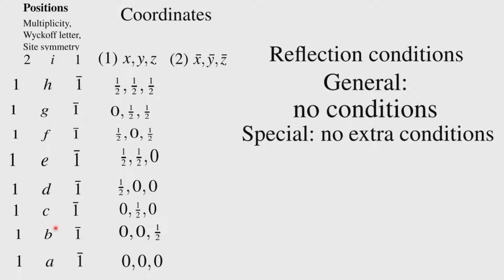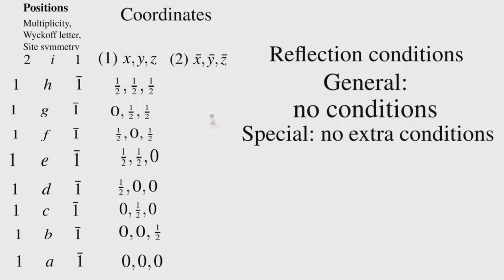So, we have therefore 1, 2, 3, 4, 5, 6, 7, 8 Wyckoff positions in addition to the general position. The multiplicity for the general position is 2 coordinates, and in all these other cases there is 1 coordinate. This part we have studied in detail and thoroughly, so I will not repeat it.